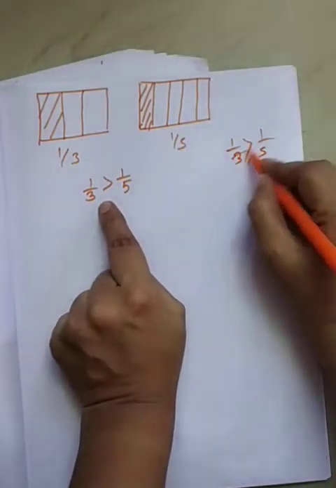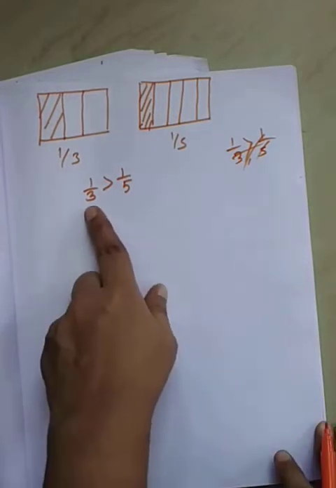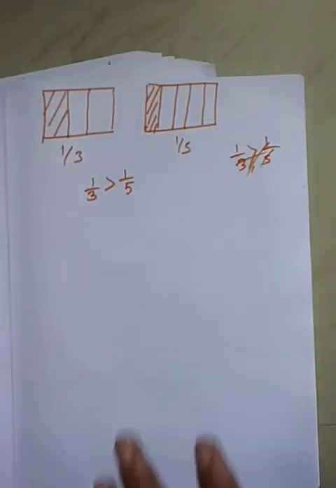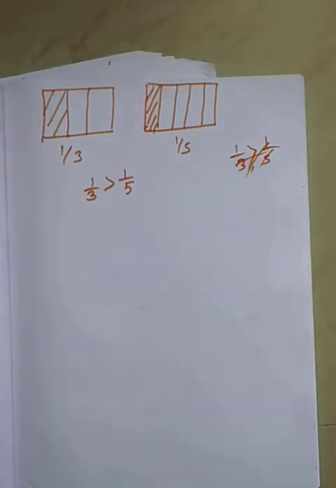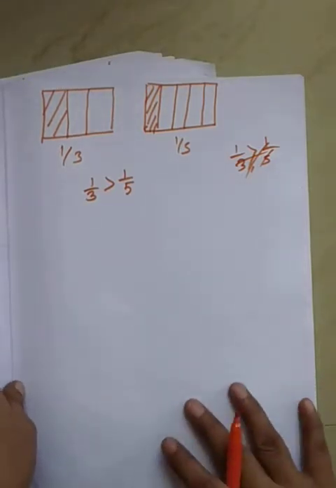Clear everybody? The denominators are different and the numerator is the same, so see the denominator value, which one is smallest, and on that one you can put the greater symbol. Everybody clear? Don't get confused in that one.